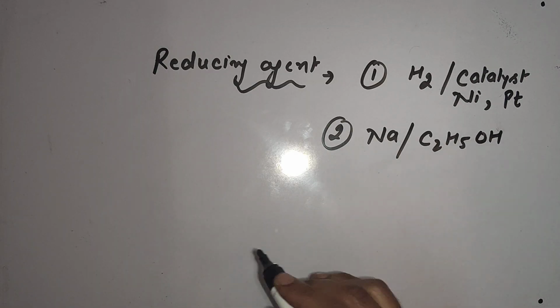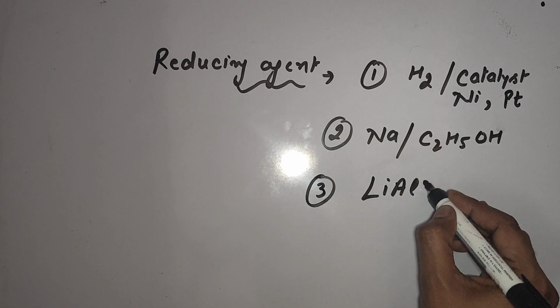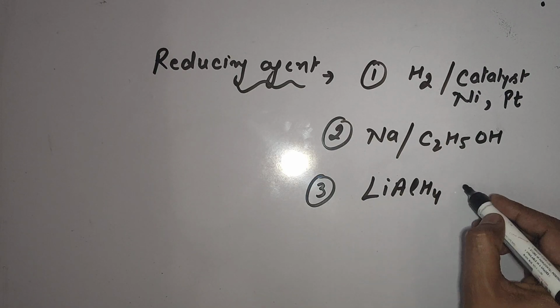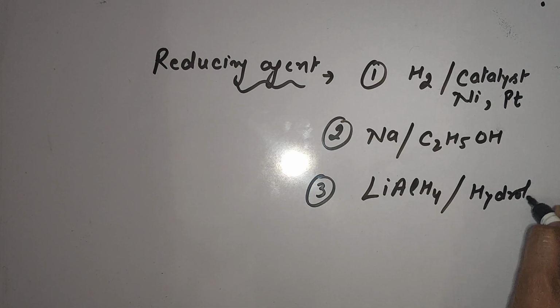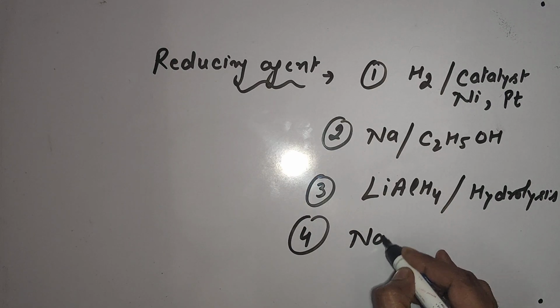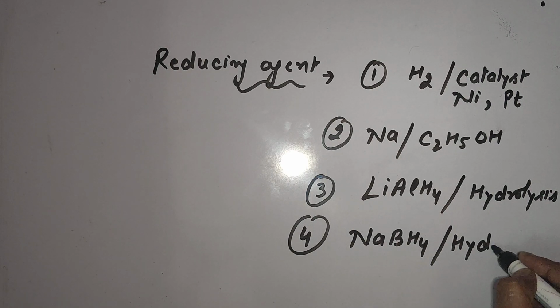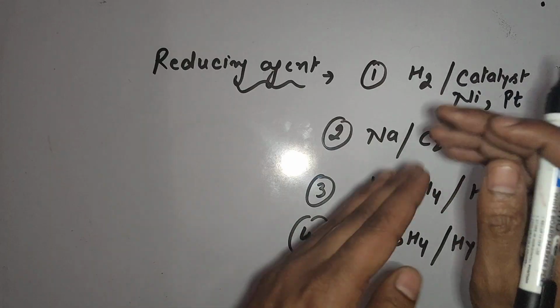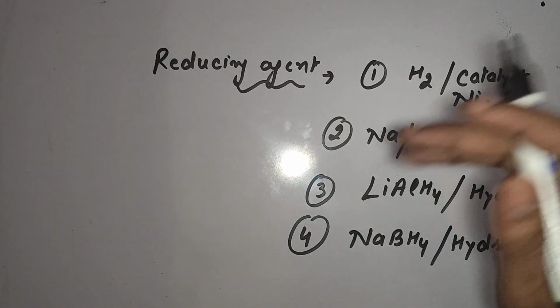This can also work as a reducing agent. Third, lithium aluminum hydride. After lithium aluminum hydride, you have to apply the hydrolysis process. Fourth, sodium borohydride you can use, and after that again you have to use hydrolysis. So these are the reducing agents which you can use to convert aldehyde into alcohol or ketone into alcohol.